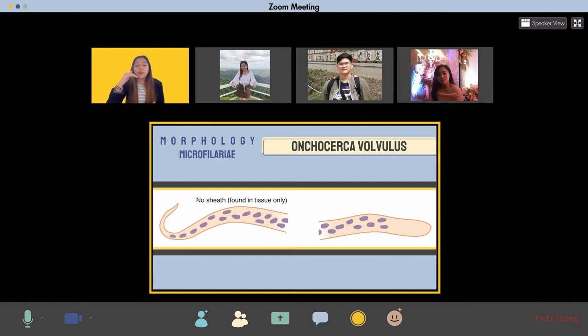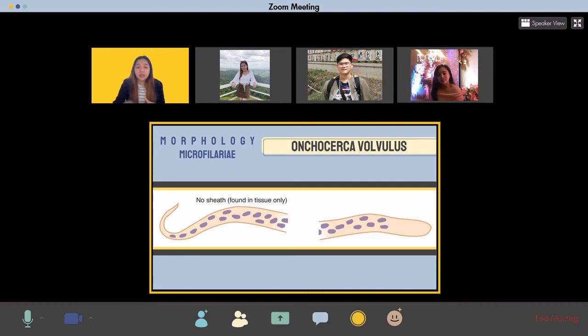This terminal nucleus that I'm talking about is the nucleus present at the tip of the tail. However, it is not present in the Onchocerca volvulus microfilaria.